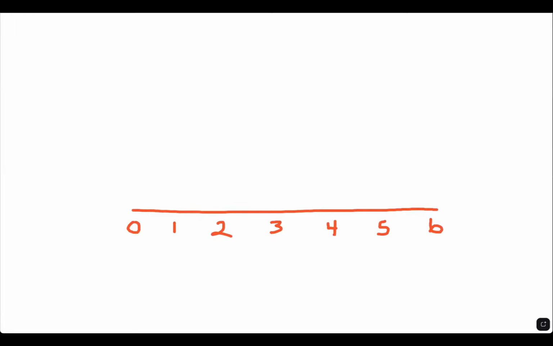We had one person that had 2 candy bars, so I'm going to note that by putting a little dot here. We had one person with 2, another person with 5, another person with 6, another person with 3, and another person with 4.